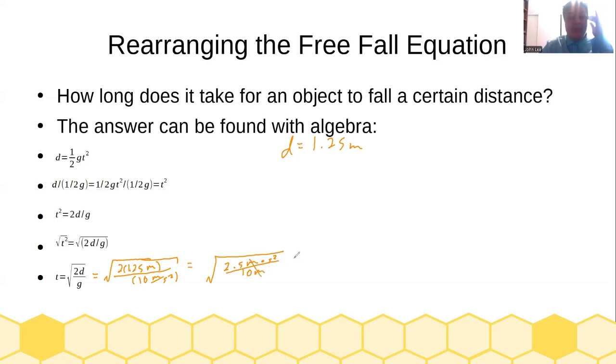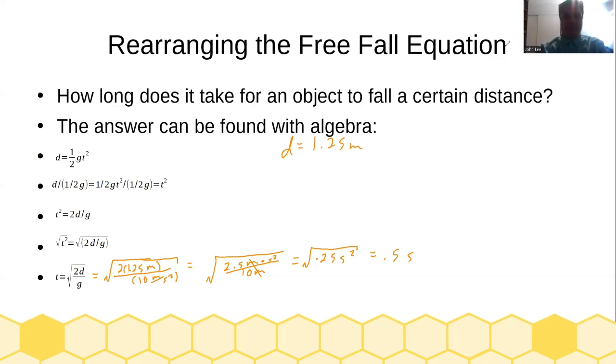Cancel these out. This is going to be equal to 0.25 seconds squared, or 0.5 seconds, because you're taking the square root of 0.25 and the square root of second squared, which is just going to give you 0.5 seconds, which seems like a pretty reasonable amount of time for something to fall from about chest height.